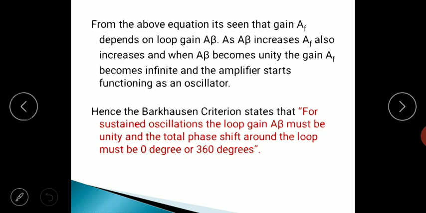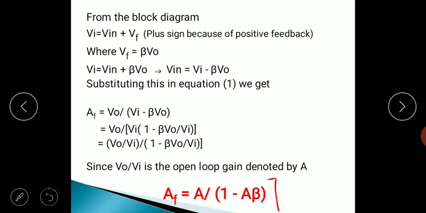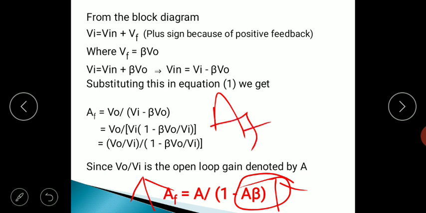For example, suppose A beta goes on increasing. When the value of A beta is increased, the effective value of the denominator goes on decreasing. As a result, AF goes on increasing. But when the value of A beta becomes equal to 1, what will be the value of AF?